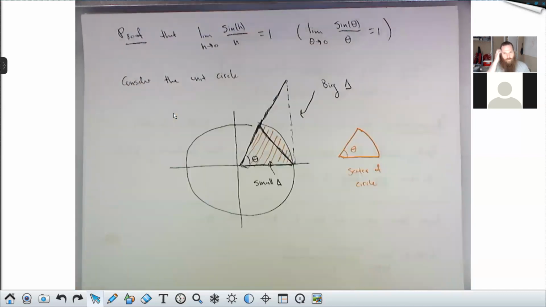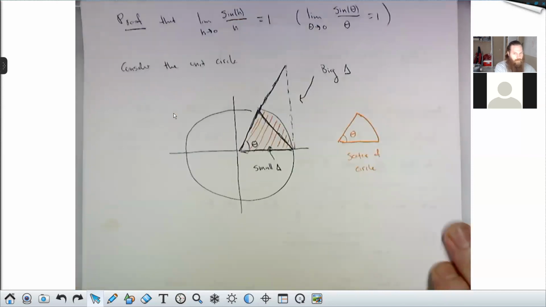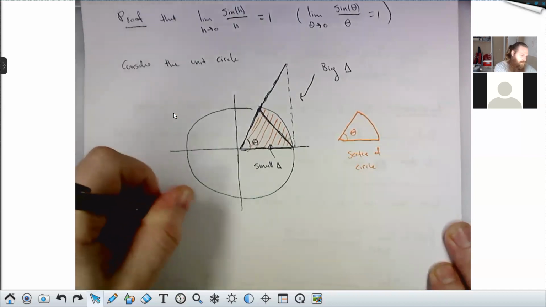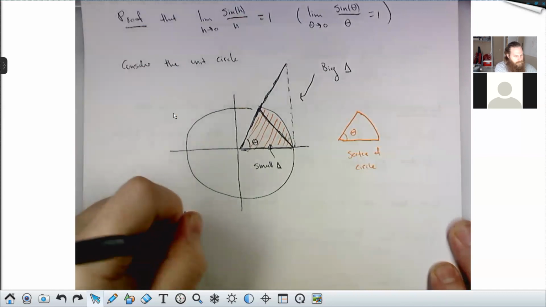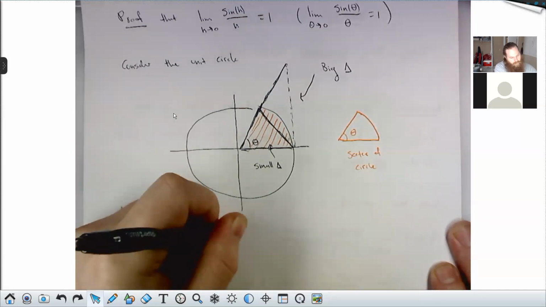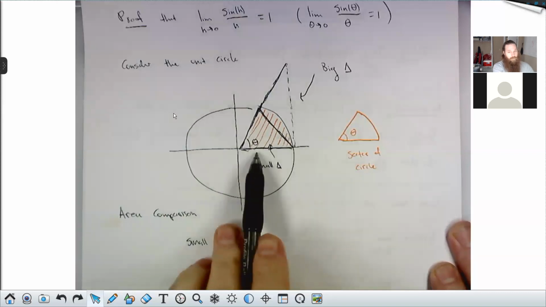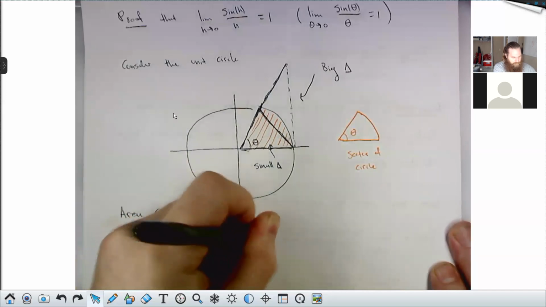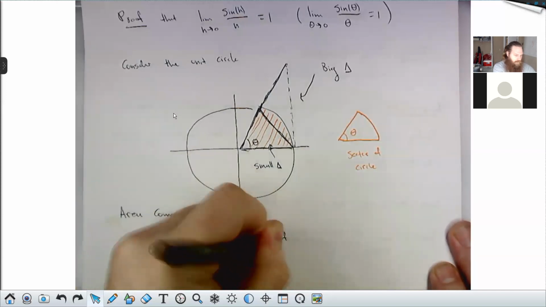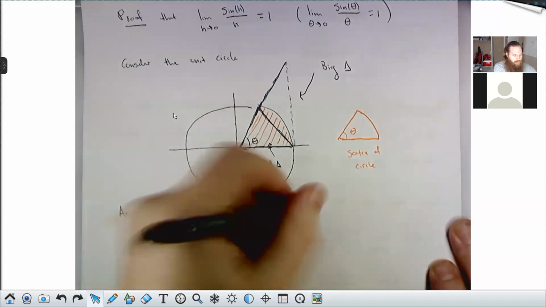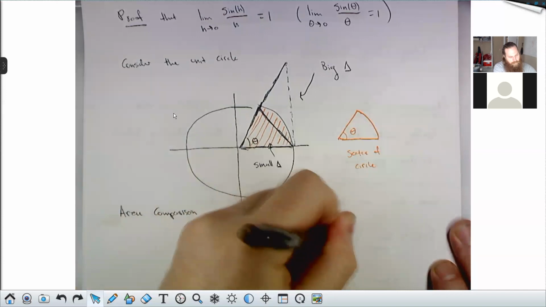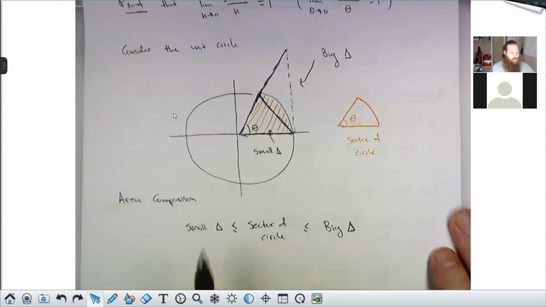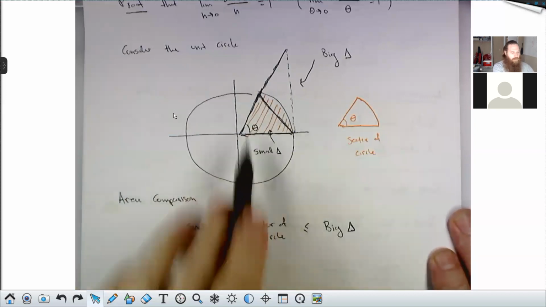And I think we would agree that in terms of areas, the small triangle has an area that is smaller than the area of the sector, which has an area that is smaller than the big triangle, right? Because this guy fits inside of this guy.